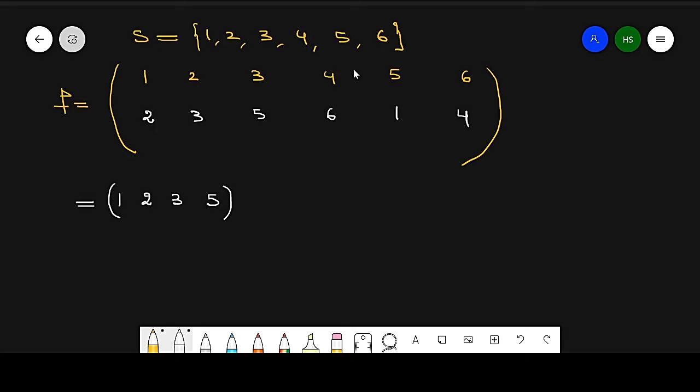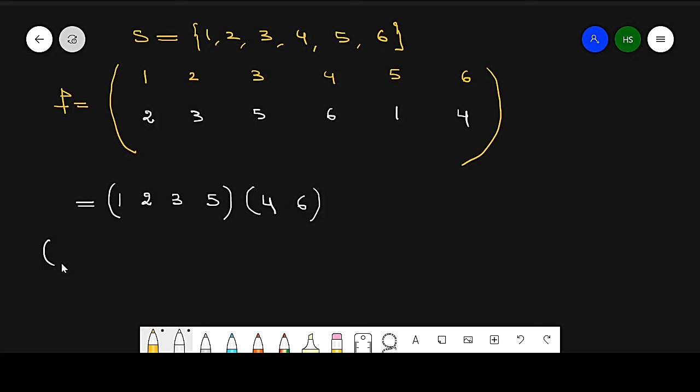The remaining elements are 4 and 6. Now start from 4. 4 goes to 6, and 6 goes to 4, so this is a second cycle. All the elements are used, so there are only 2 cycles of this permutation.